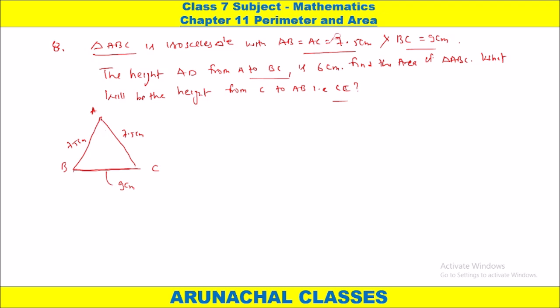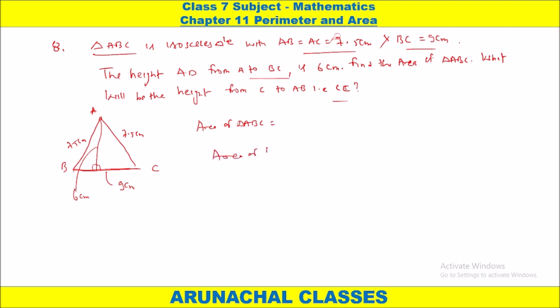The height AD from vertex A, a perpendicular line drawn on the base, is given as 6 centimeter. We have to find out the area of triangle ABC.